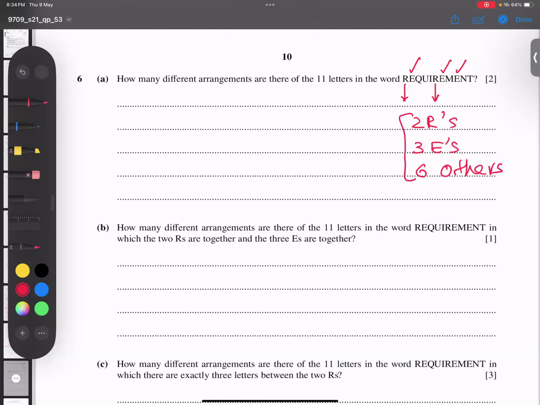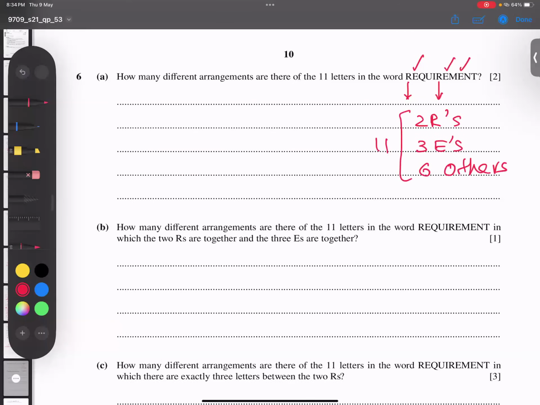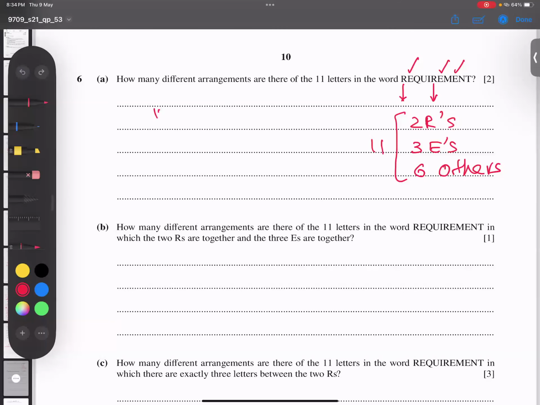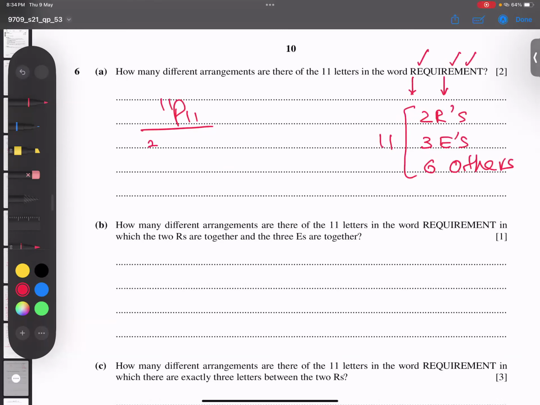And total is 11. So students, how many different arrangements are there of 11 letters? What is the method? 11P11. If you write in the language of P or factorial, same thing, 11P11, but these are repeating groups, so we just divide. And the way of dividing is 2P2 into 3P3.